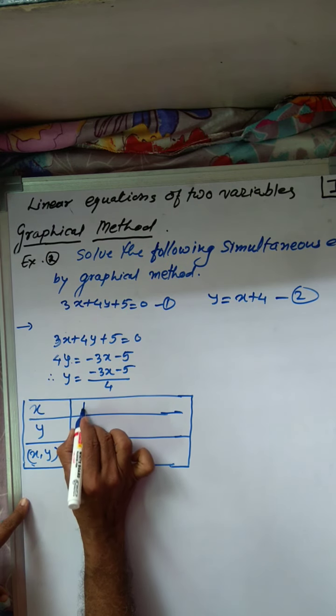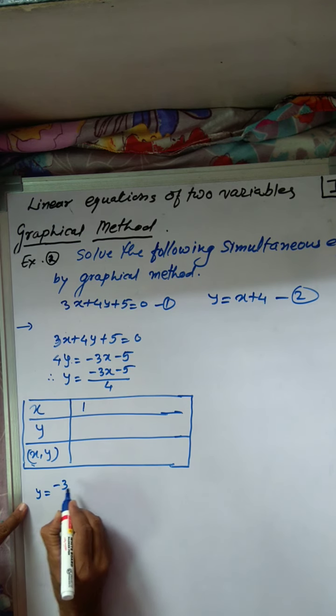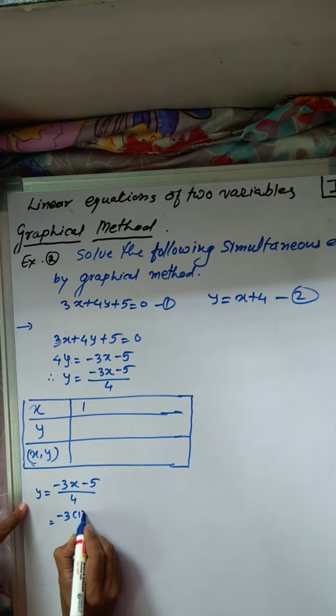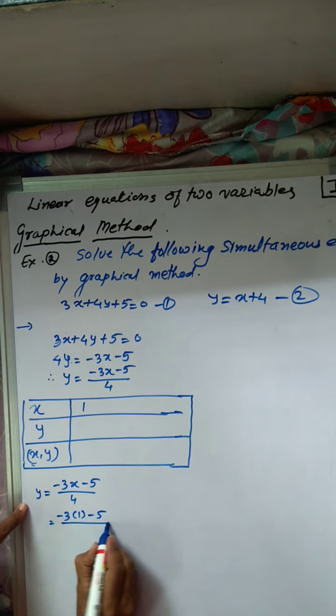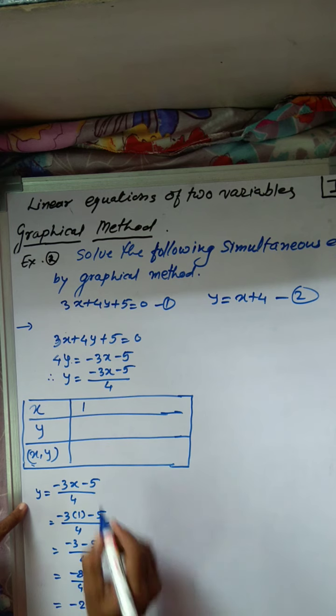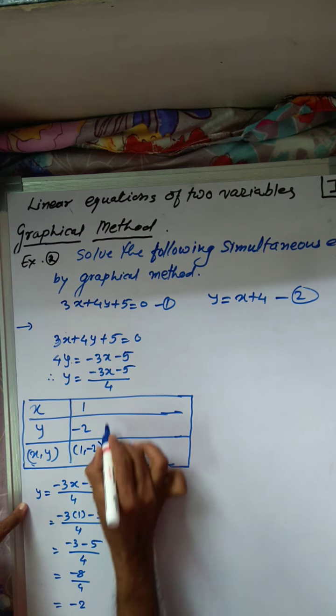If x is equal to 1, we get y is equal to minus 3x minus 5 upon 4. Minus 3 into 1 minus 5 upon 4. That means minus 3 minus 5 upon 4. Hence we get minus 8 upon 4, that is minus 2. Hence the first point becomes 1, minus 2.